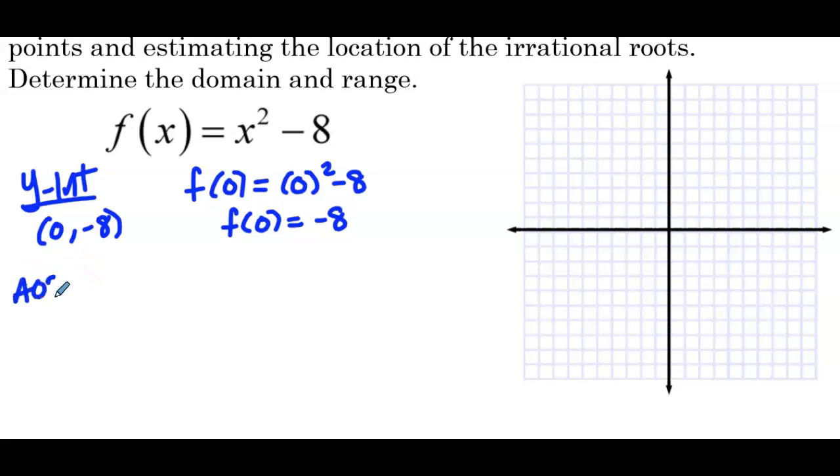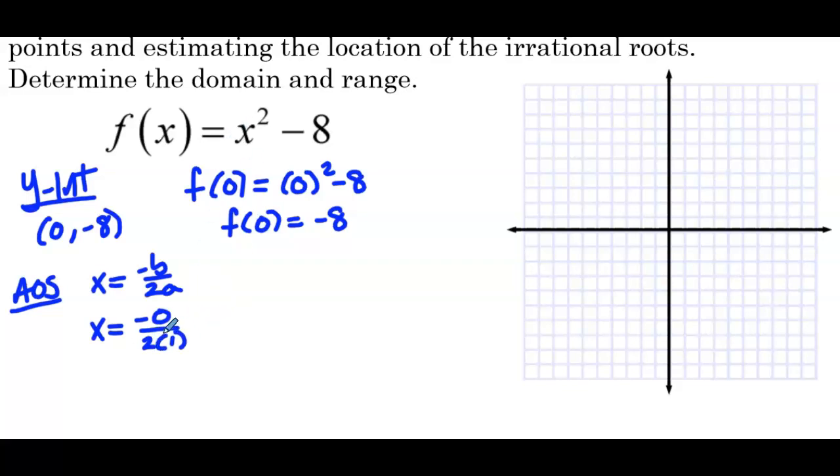Instead, we'll start by finding the axis of symmetry. Since it's in standard form, we'll use x equals negative b over 2a. So we have x equals negative 0, because b is 0 since there is no x term, over 2 times 1.